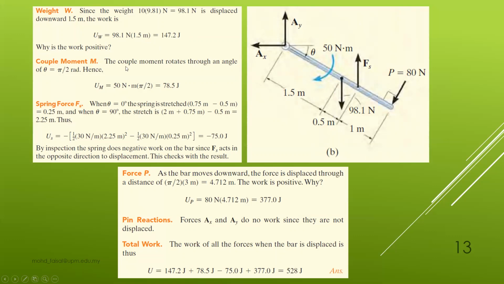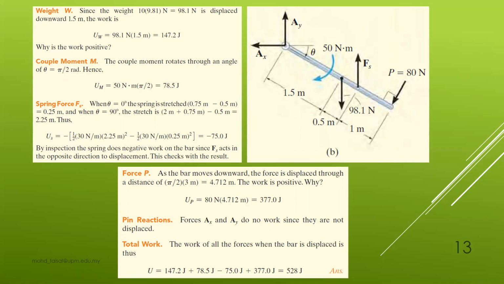Couple moment: the couple moment rotates through an angle of theta equal to pi over 2 radian. Why pi over 2? For a complete circle, 360 degrees, that is equal to 2 pi.